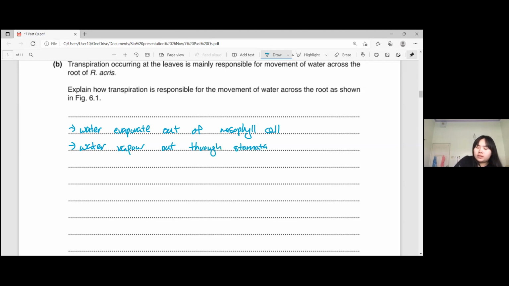And after the water escapes from the leaf, the water potential inside the leaf decreases and is lower than the water potential inside the roots. This creates tension, or we call it negative pressure, or suction force. And this leads to the transpirational pull.